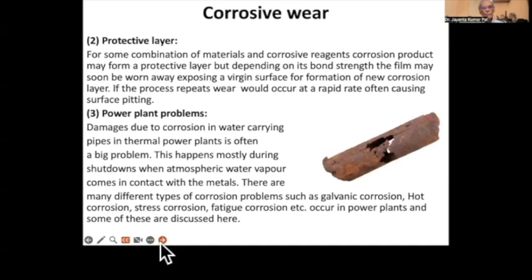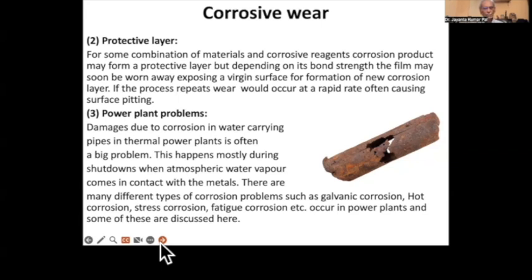In some cases, this protective layer may be useful because when there is a protective layer, then for some time the surface cannot be corroded anymore. But depending on the load and the speed or some other atmospheric condition, if the protective layer is gone, then it will be corroded again and the process repeats itself. And then the corrosive wear rate is very rapid and more material will be lost.